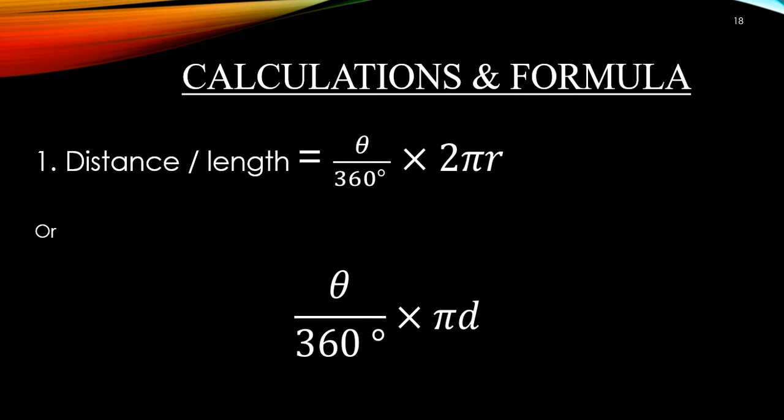And therefore, when we come to calculations and formulas, one of the fundamental formulas, when calculating the distance between two locations in terms of latitudes and longitudes, is that we have to determine the angular distance, which is theta, and the length of that curved part is equal to theta over 360 times 2 pi r, or theta over 360 degrees times pi d.